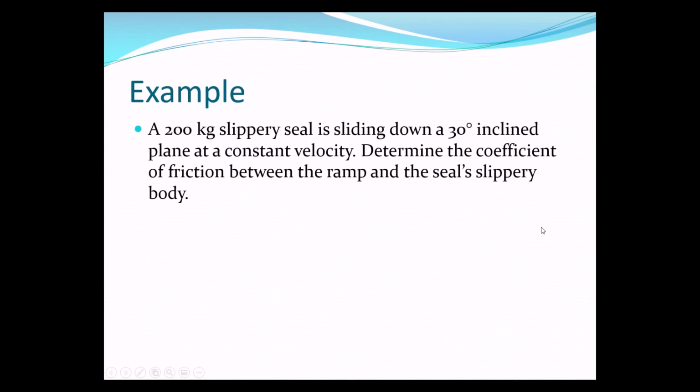It says that a 200 kilogram slippery seal is sliding down a 30-degree inclined plane at a constant velocity. Ooh, that's an important piece of information that it is going down at a constant velocity. Determine the coefficient of friction between the ramp and the seal's slippery body. So again, we're going to draw a free body diagram for this.